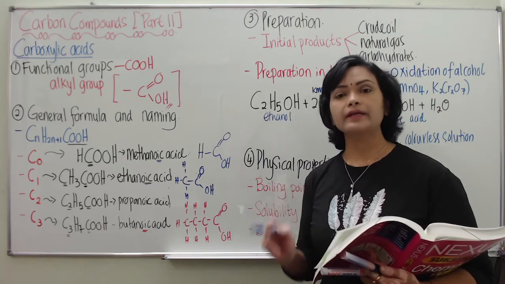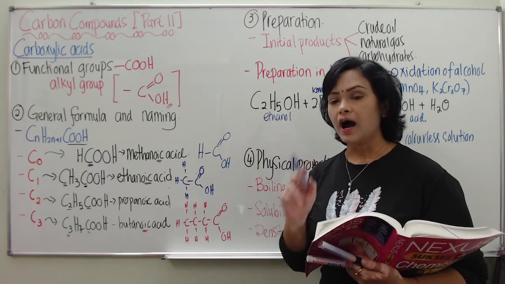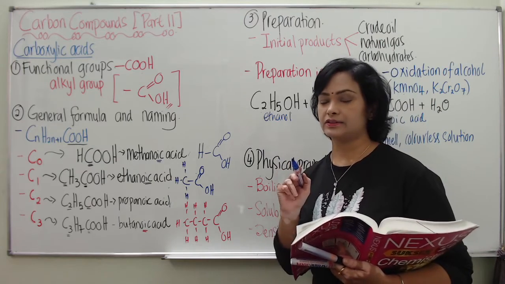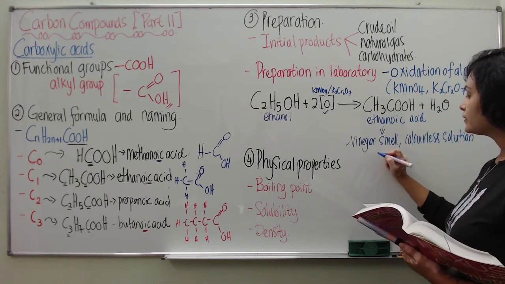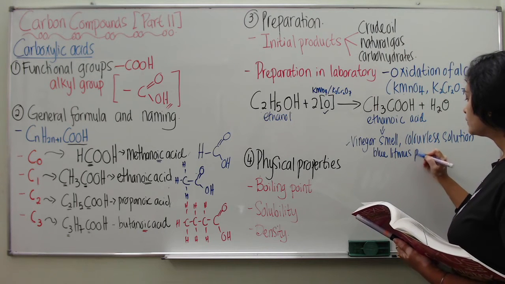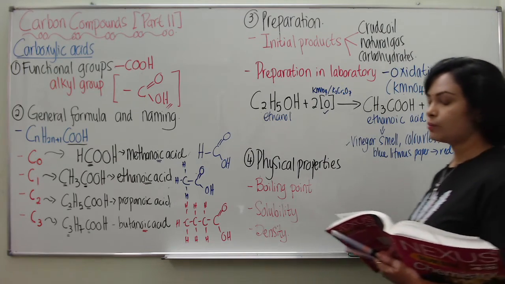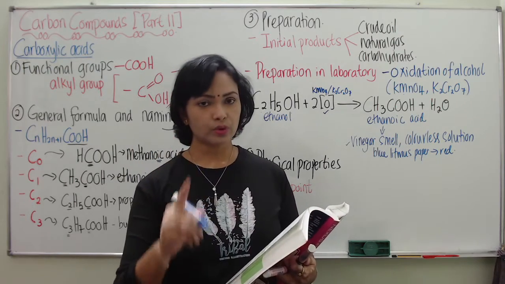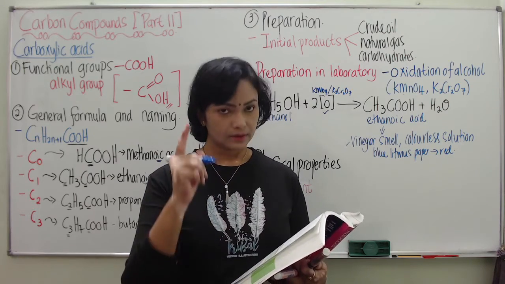So this shows that carboxylic acids, the homologous series, are weak acids. So this gives the vinegar smell and changes blue litmus paper to red. Even though carboxylic acids are weak acids, they still show the properties of acid, where blue litmus paper will change into red.